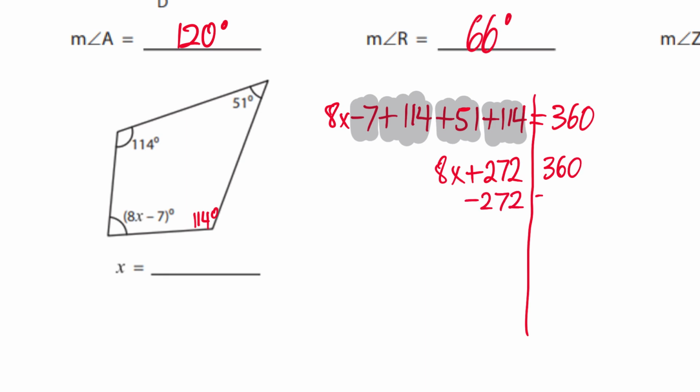Subtract 272 on both sides. 8x equals 88. Divide both sides by 8. And so x equals 11.